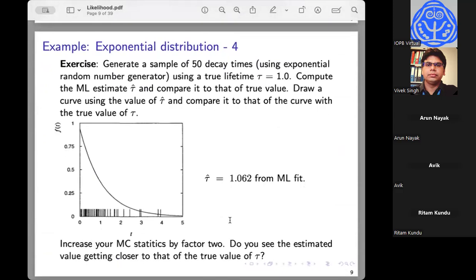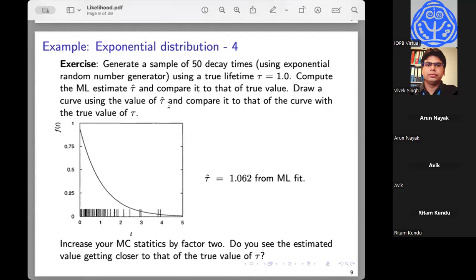You can generate a sample of 50 decay times using an exponential decay with some true value of the lifetime parameter tau, and then maximize the likelihood. Then compare this to the true value, and from that you can draw the function using the estimated value and the true value and see that you get the result correctly.